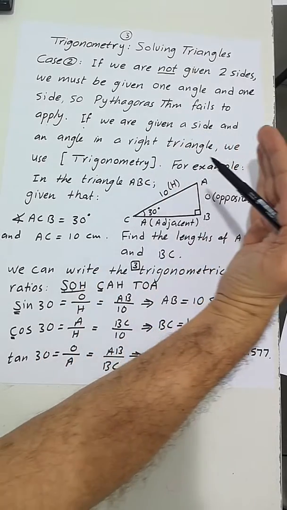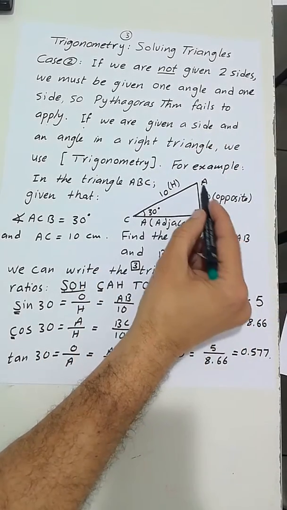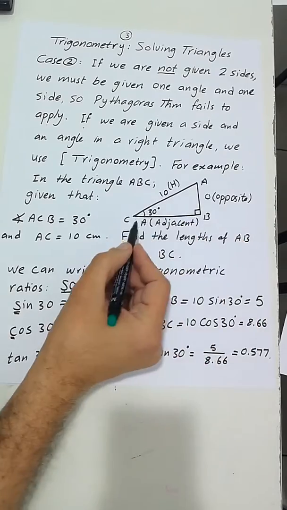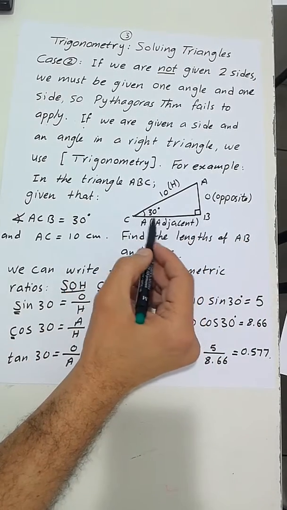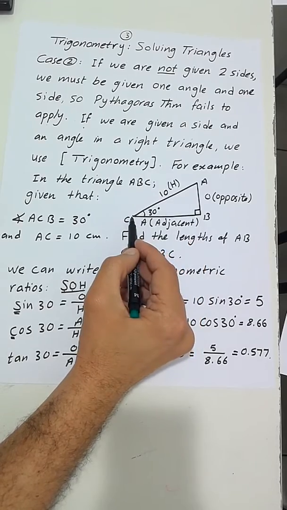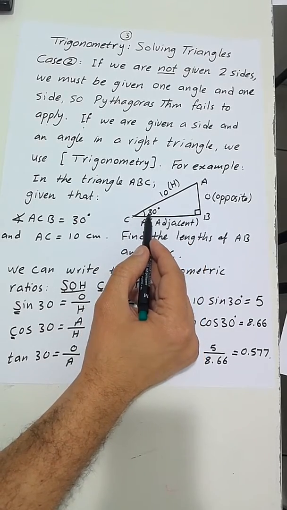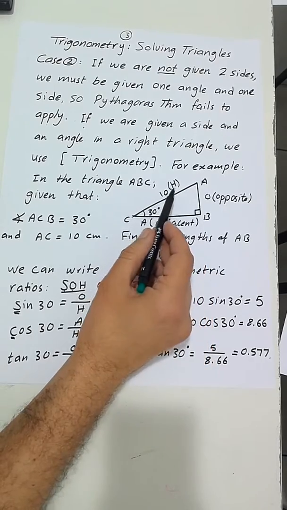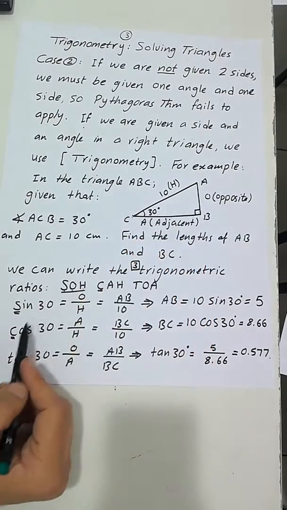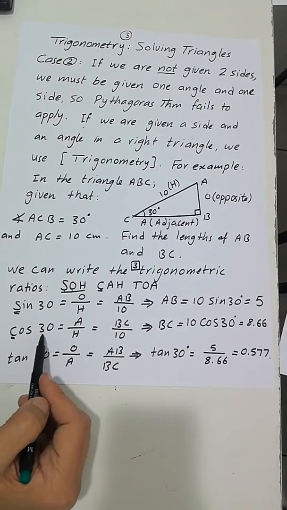The side that is opposite to the angle: AB is opposite to the angle 30 in this triangle, ACB. BC is adjacent to the angle 30. When we divide BC, the adjacent, over the hypotenuse, we get cosine the angle.